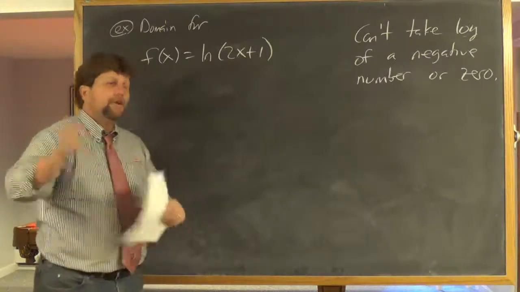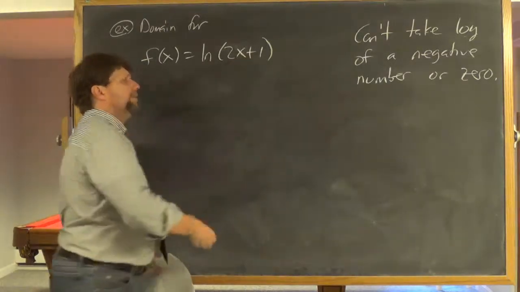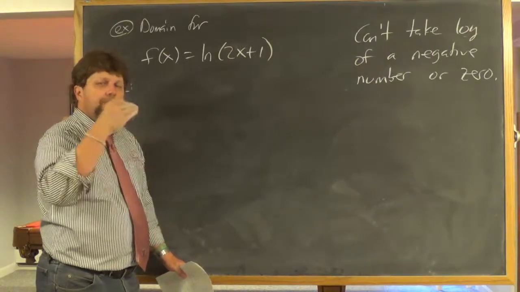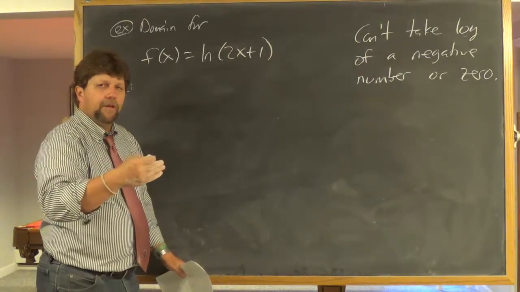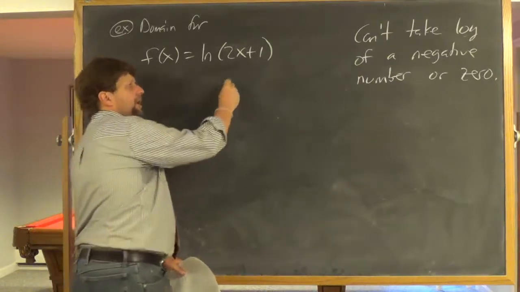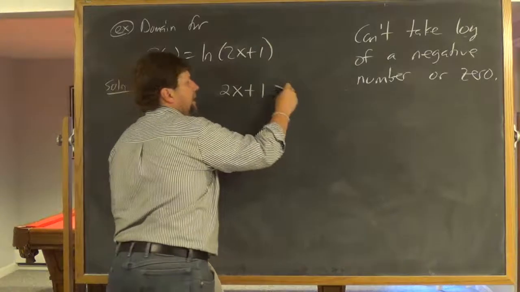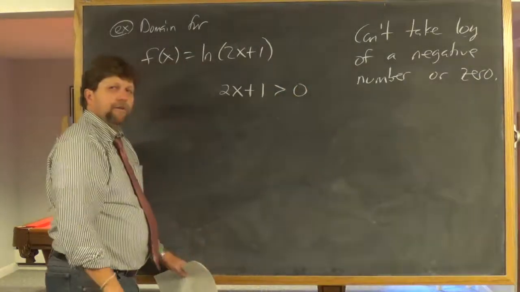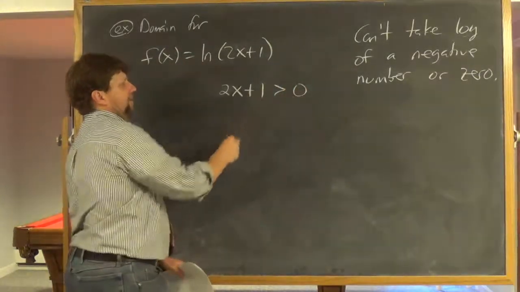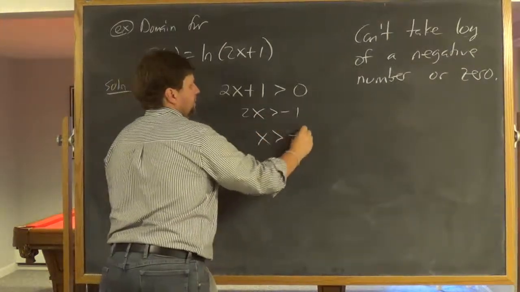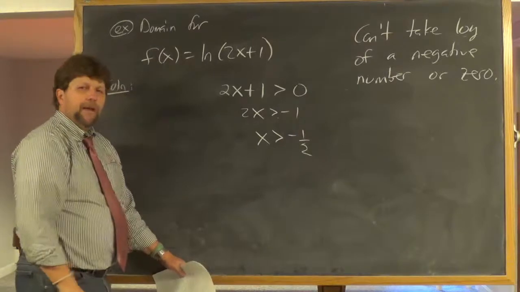So whatever you put in here for x, you want to make sure that 2x plus 1 ends up being a positive number. You want to make sure that 2x plus 1 is greater than 0. Heck, you just solve this little inequality, and there you have the domain.